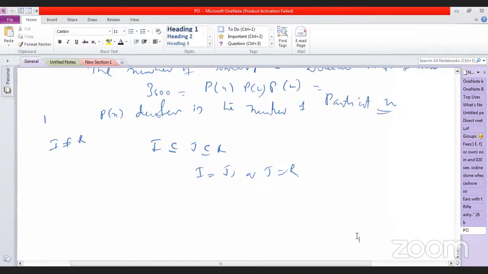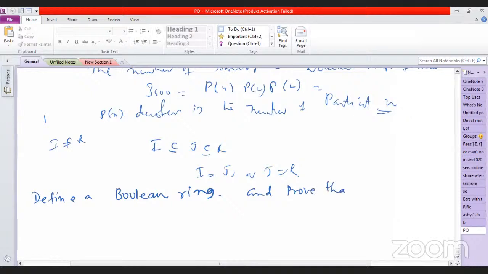So define a Boolean ring and prove that every Boolean ring R is commutative.